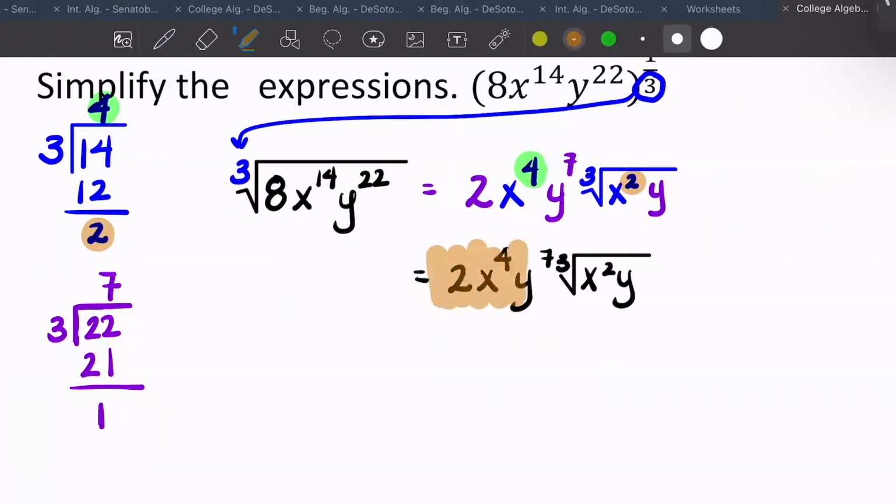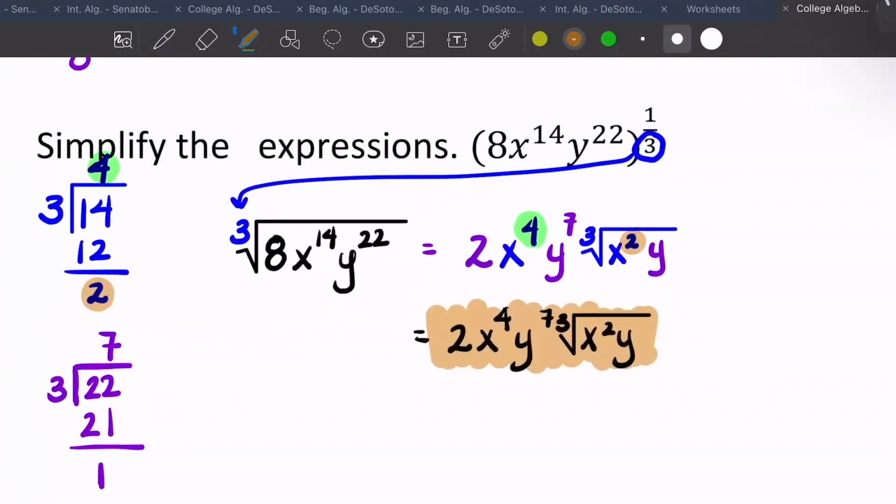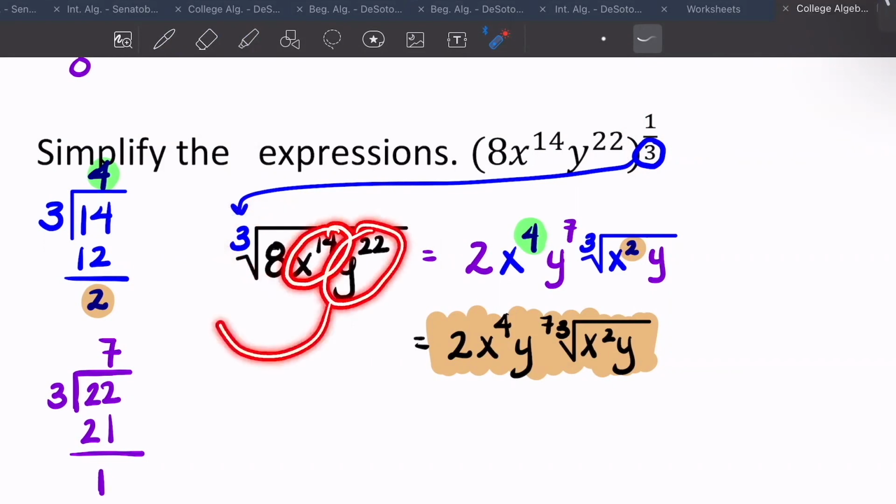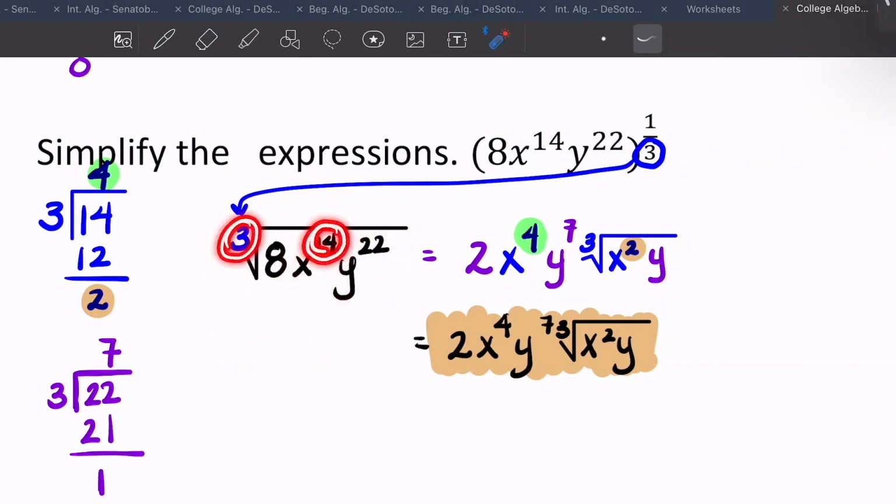So the main thing here is that you have to remember that you can turn these fractional exponents into a radical. And then you just take the root of your number. That's the easy part. Then you have to remember that in order to get the variables and exponents outside, you need to divide your exponent by whatever root you're taking.